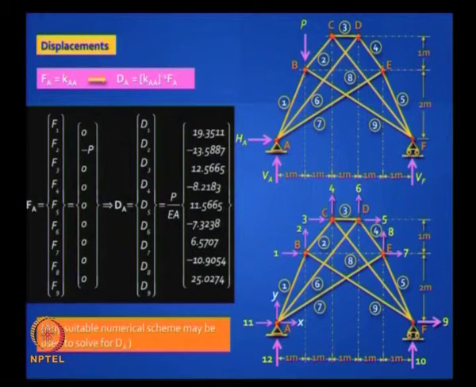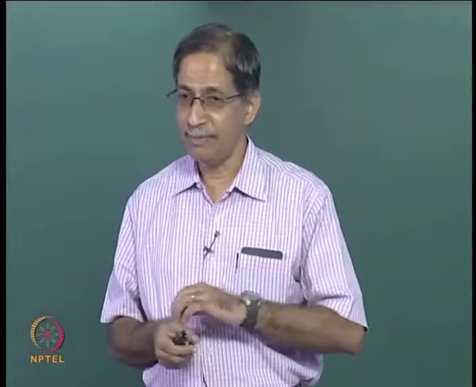You have the stiffness matrix, you can invert it and don't bother to write it down, let the computer do it. Do double precision if you want so that you preserve the accuracy in the matrix, and just pre-multiply. Since you have a well conditioned matrix, the inverted matrix will be very good.